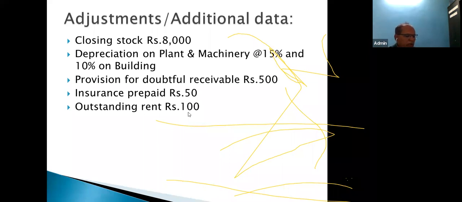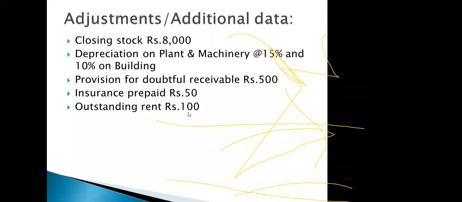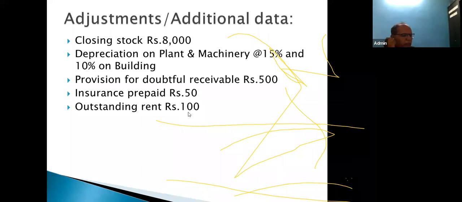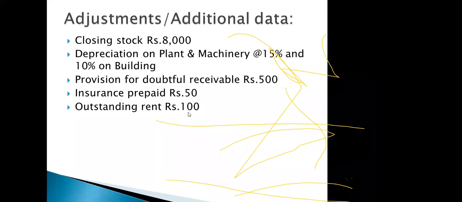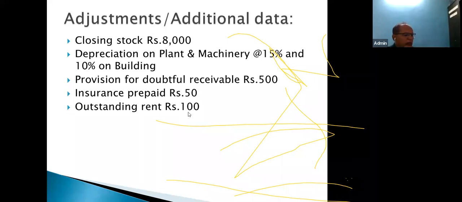So deduct the debit side total and tell me the difference of these two figures. What is the difference you are getting? 6,150. Yes, correct. Everyone please note down the difference is 6,150. So this will be known as net profit. So mention in the profit and loss account on the debit side: to net profit 6,150. And this way the total will be 17,000. So the profit and loss account is closed.